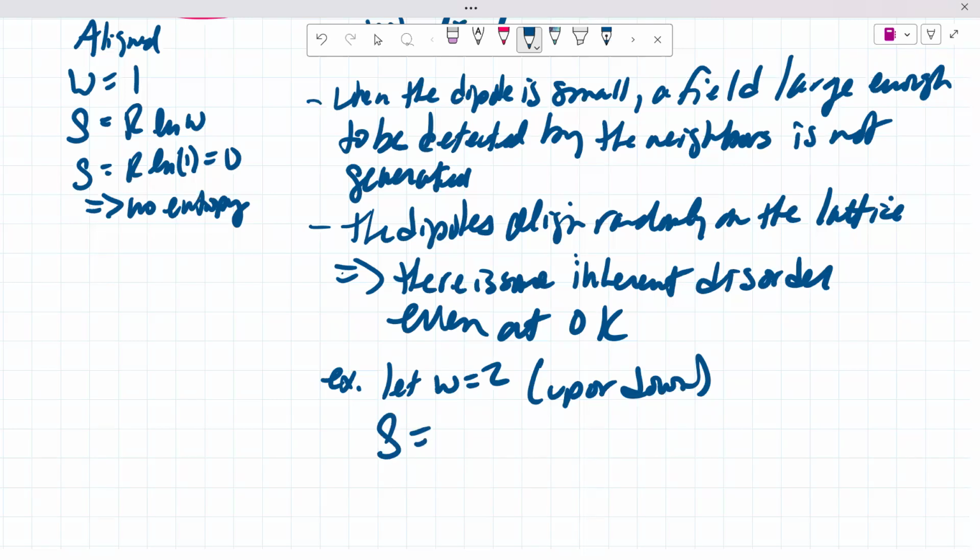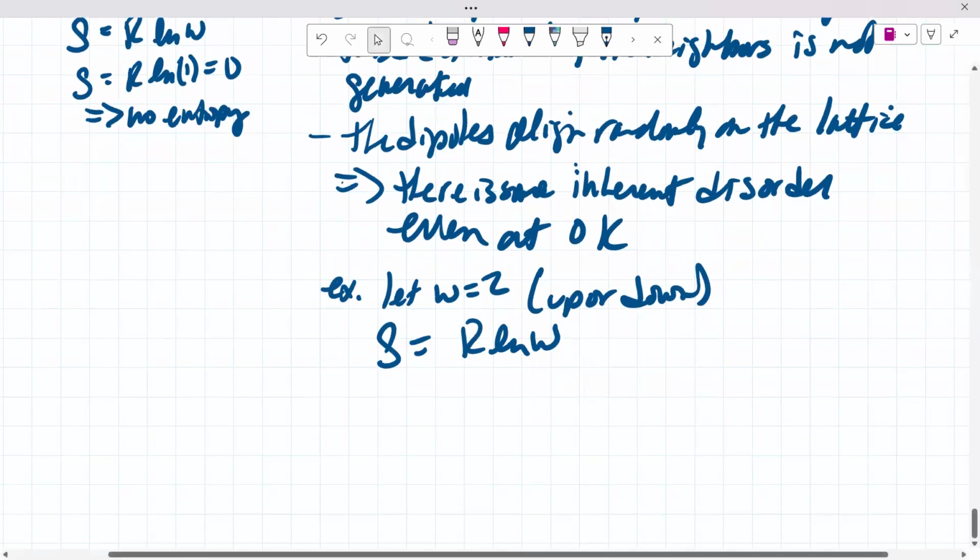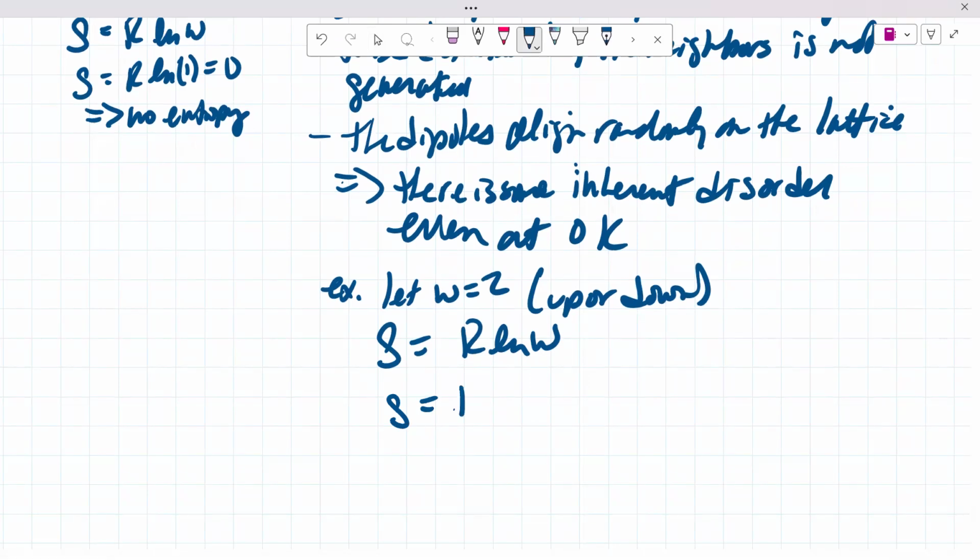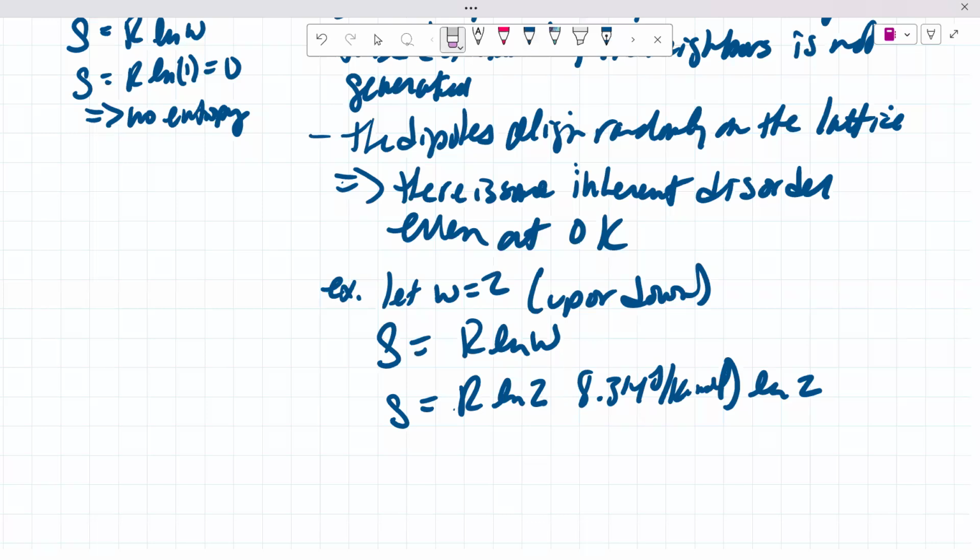S equals R ln W. So S equals R ln 2, times 8.314 joules per Kelvin mole, ln 2. So S equals 5.76 joules per Kelvin.